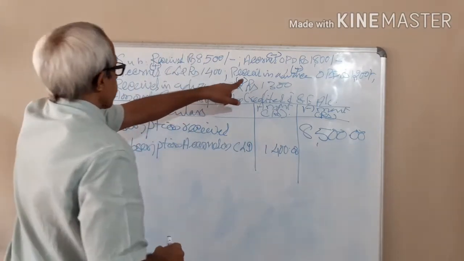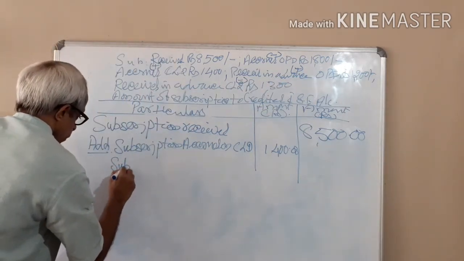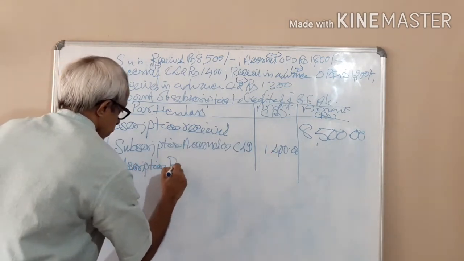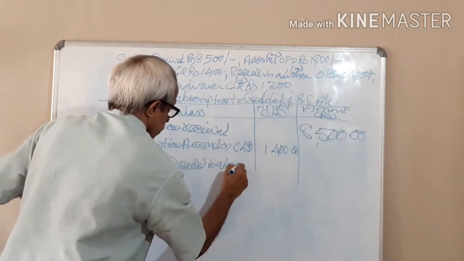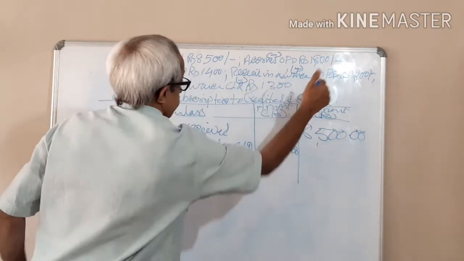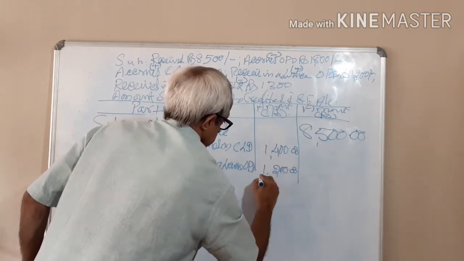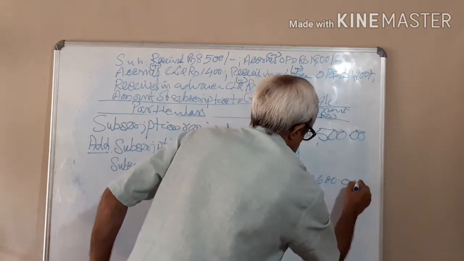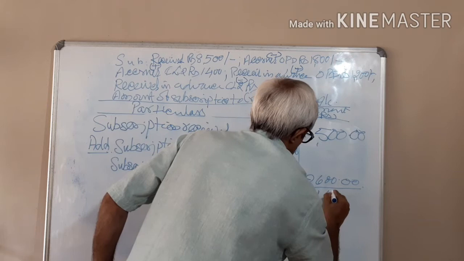And the next item to be added is subscription received in advance on opening date. That amount is 1,200. The total amount is 2,600. That is 11,100.